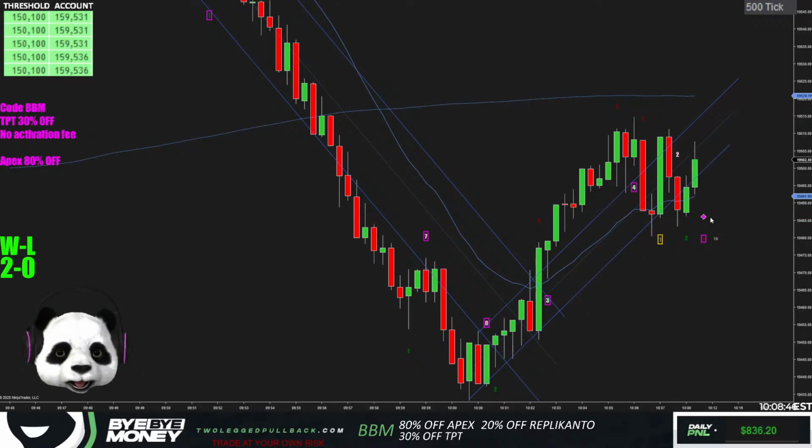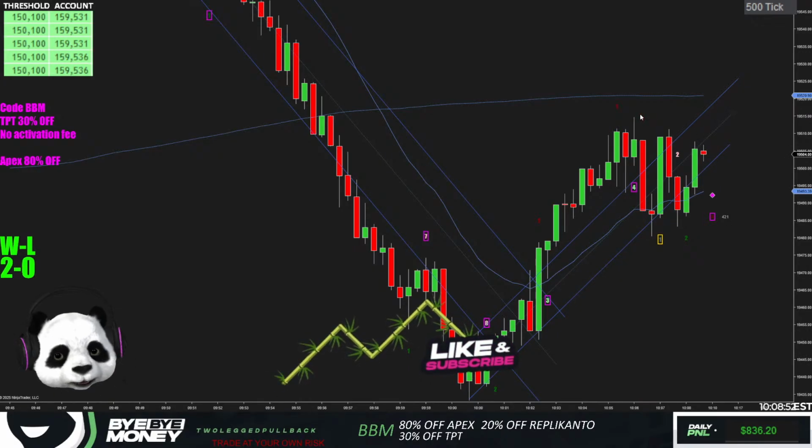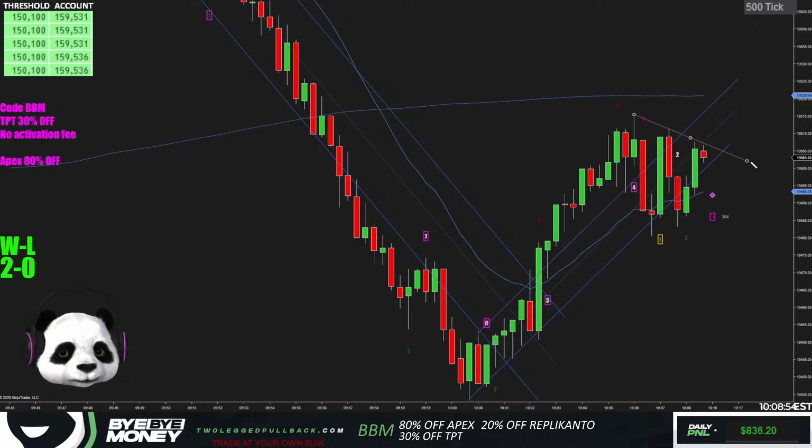I'm not interested in that short. Looks like the second entry long is going to work out. It looks like it's going to work out, right? It's creating a triangle here, actually.